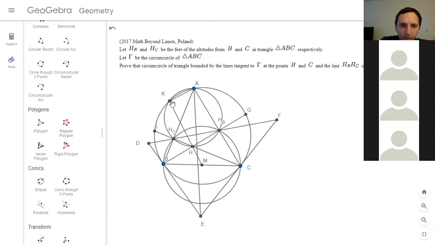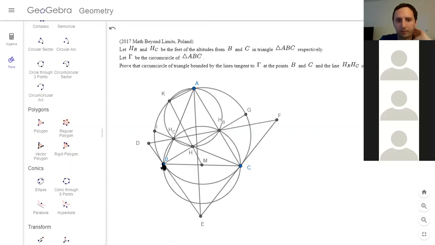So what if we took the point circle B, and then this circle AKHCHB, and this circle? Basically, I want to show the radical axis.